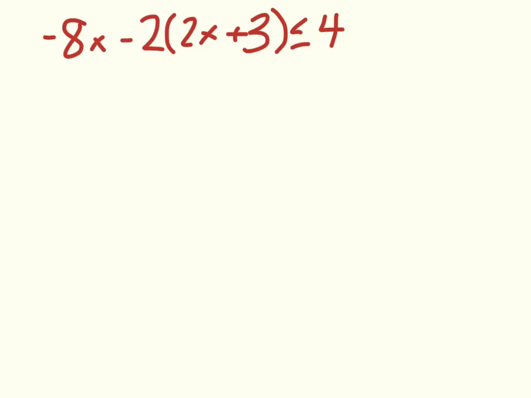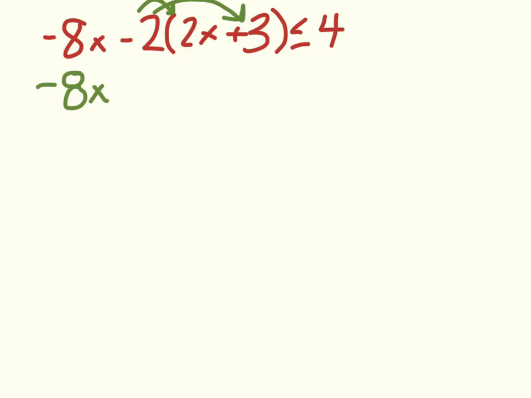Okay, let's take our solving of equations and turn it into solving inequalities. We're going to use the same ideas that we did for equations. So in this case, I see parentheses and I say, oh, I need to distribute. So I'm going to go ahead and do that.